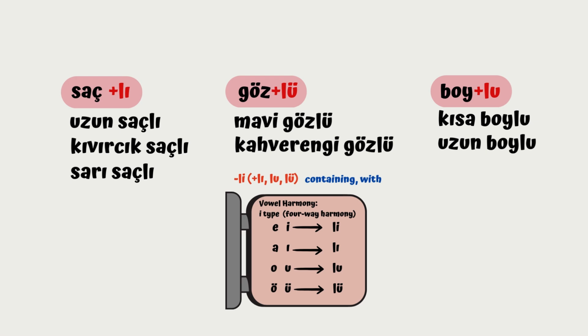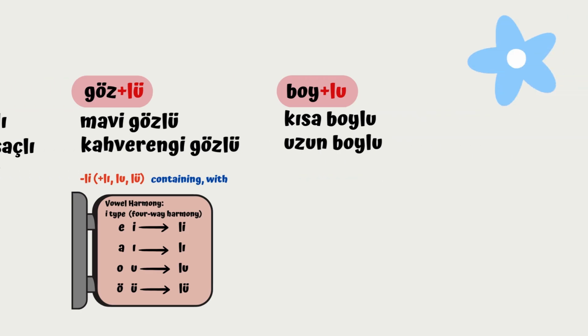But again, the li ending changes to lu because boy has o as the last and only vowel. So we use it like kısa boylu, which means someone with a short height, or uzun boylu, someone with a tall height.